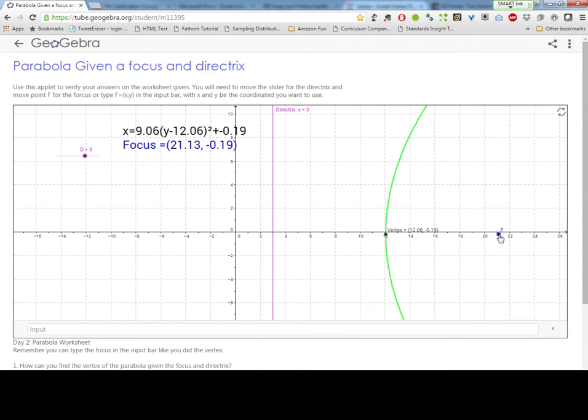And that's why. Let me see if I did this yesterday. Could a focus and a vertex ever be the same point and then have the directrix? Then it would be a line. So a line isn't a parabola.